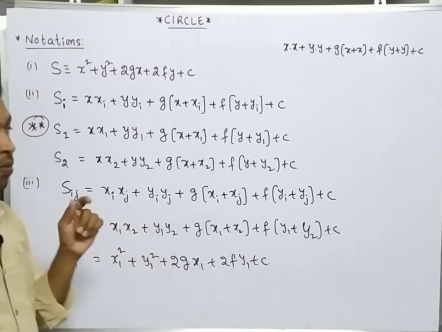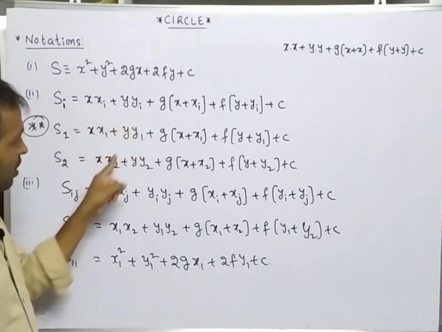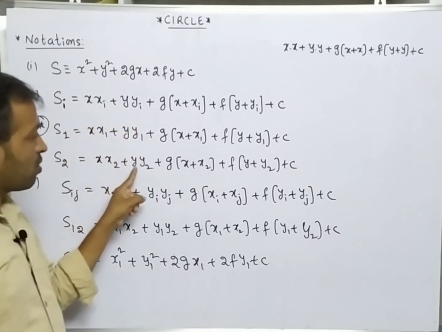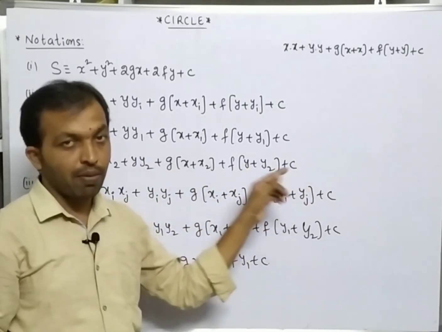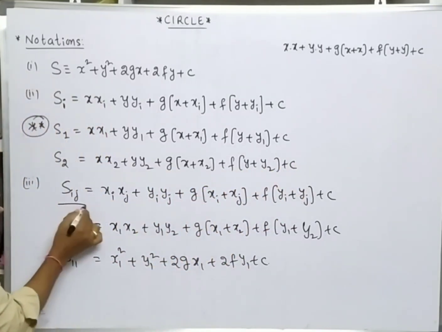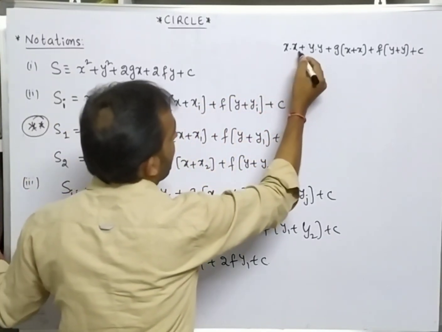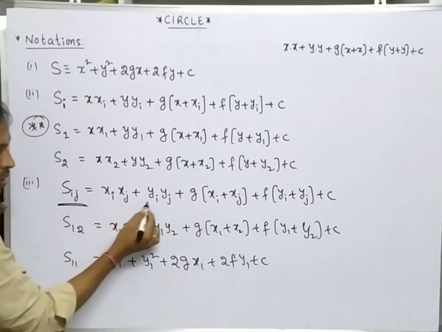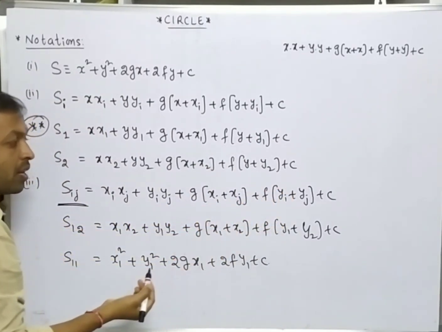Next, S2 is equal to x x2 plus y y2 plus g into x plus x2 plus f into y plus y2 plus c. Next, S_ij. One x with x_i, another x with x_j, like that, y_i y_j, g into x_i plus x_j, f into y_i plus y_j plus c.